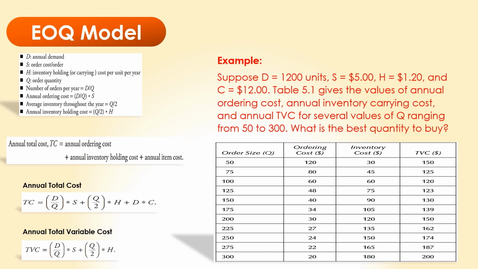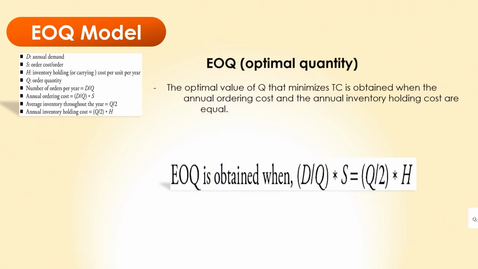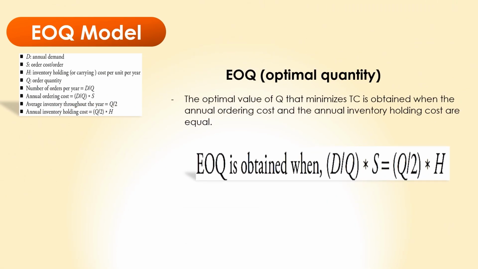So paano siya naging 100? Ano yung magandang analysis? Bakit siya naging 100? So discuss natin further. Ayan. In EOQ, the optimal quantity or the optimal value of Q minimizes the total cost and is obtained when the annual ordering cost and the annual inventory holding cost are equal. So ayan.